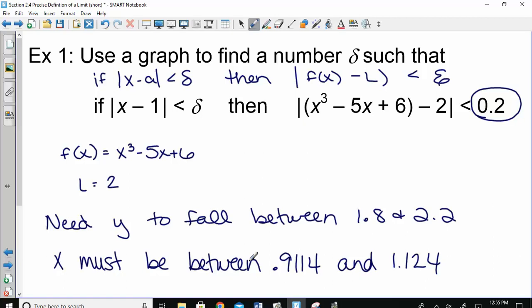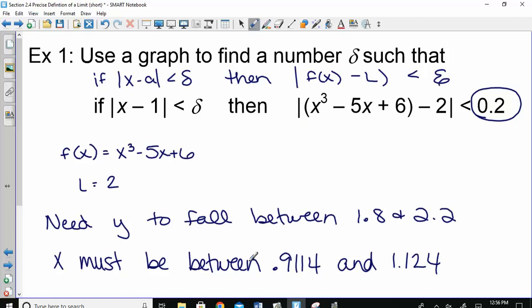Let's check it and see if it works. If I put in, how about 0.95? I get 2.107. So is that in the window of values we wanted? Yeah.